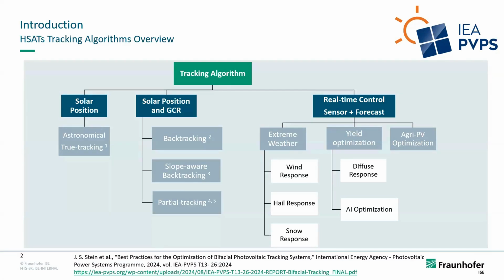And they can be for different purposes, such as addressing extreme weather events, as we saw also in the session before, which can be wind, hail, and snow response, but also for novel applications, such as agrivoltaics, and then also for yield optimization, whether this is diffuse optimization or AI integration.